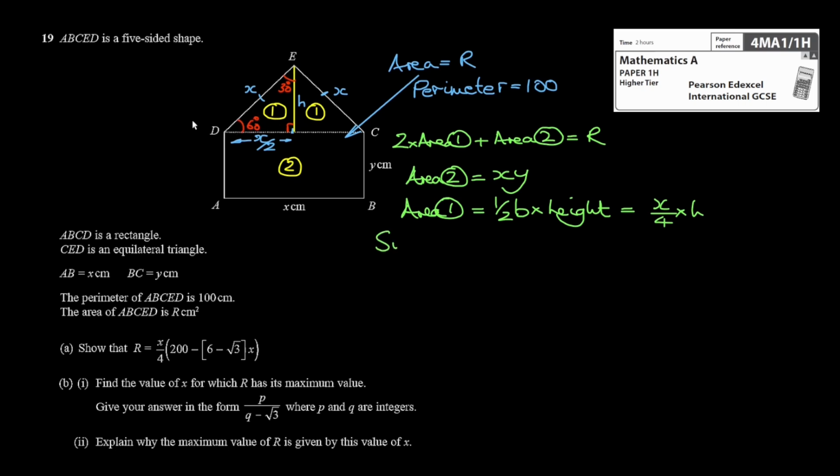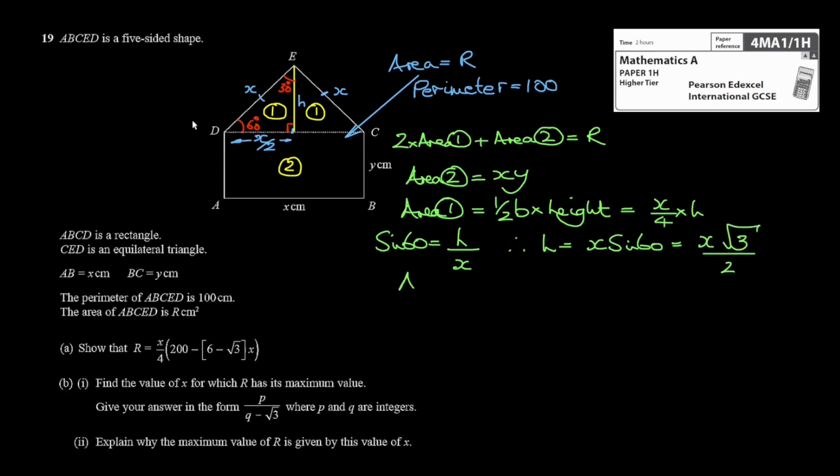So sine 60 is equal to the opposite, which is h, over the hypotenuse, which is x. So therefore, h is equal to x times sine 60. Sine 60 you should know as root 3 over 2. So this is x root 3 divided by 2.